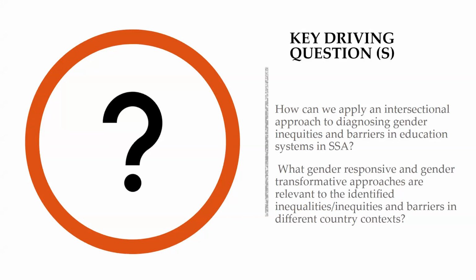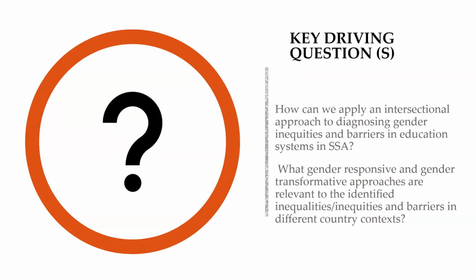Our key driving questions for today are: how can we apply an intersectional approach to diagnosing gender inequities and barriers in education systems in Sub-Saharan Africa? As I'm speaking, if anyone hasn't heard or understood, please feel free to let me know so I can go over some of the things I'm saying.